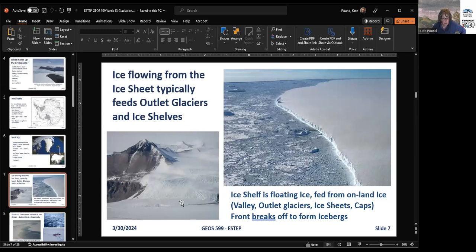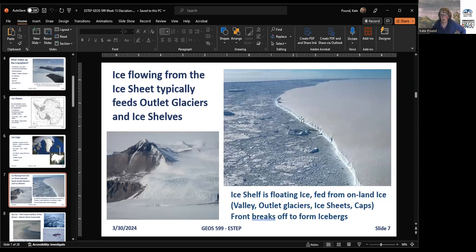And what's hard to appreciate in the image on the left is that once it reaches the Ross Sea, which is right here, that ice ends up flowing out into the ocean and floating on top of it. So these outlet glaciers feed ice shelves.